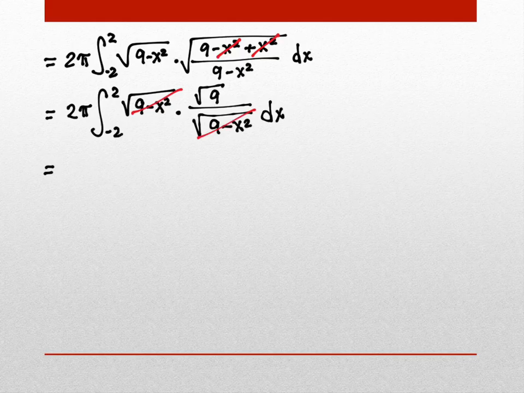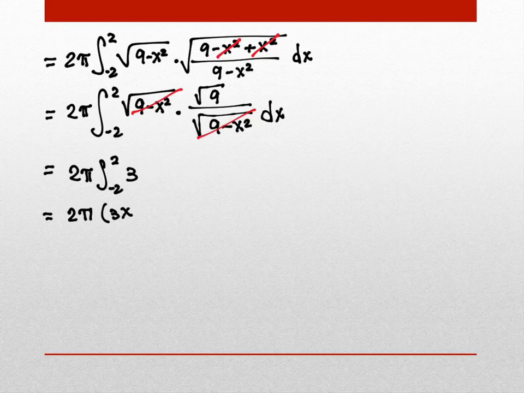Make sense of that? What's the square root of 9? It is 3. What's the antiderivative of 3? 3x. It is 3x. And then I'm doing an antiderivative from negative 2 to 2.